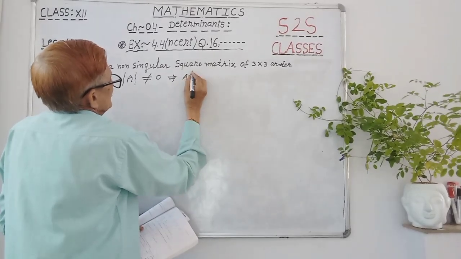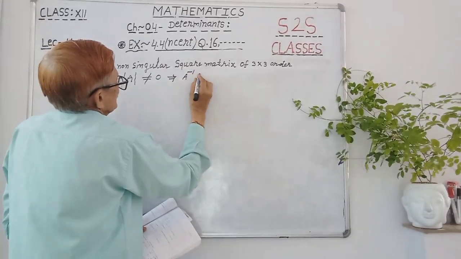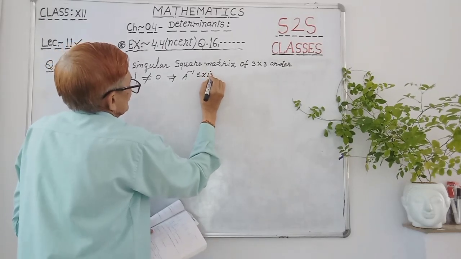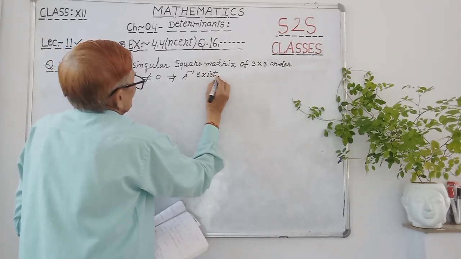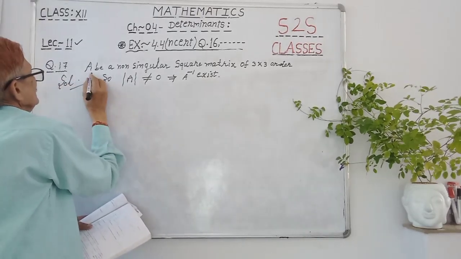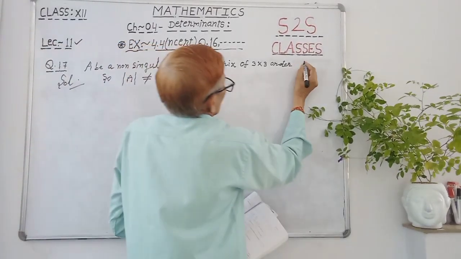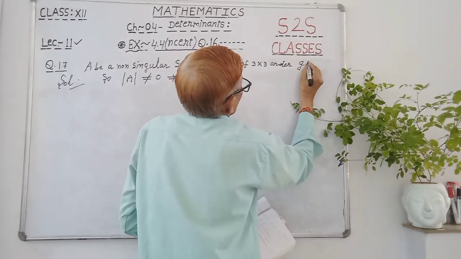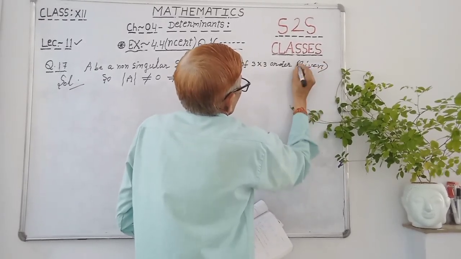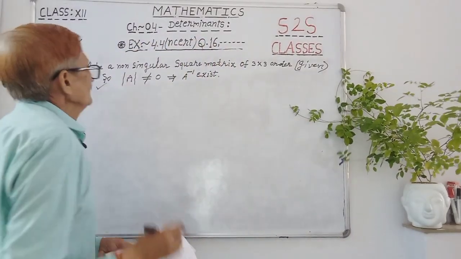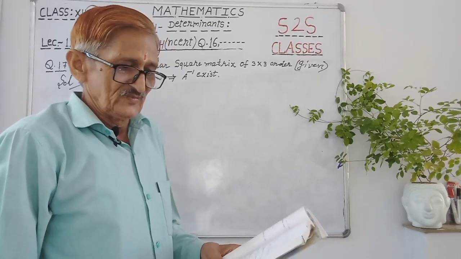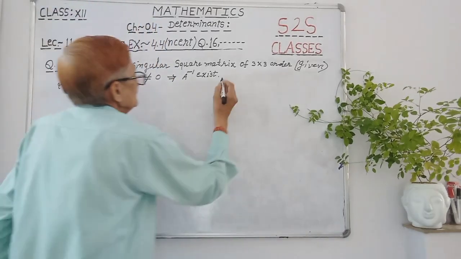A is a non-singular matrix of order 3, this is given. According to this we can write this. After that, what is it saying? Then determinant of adjoint of A is equal to.